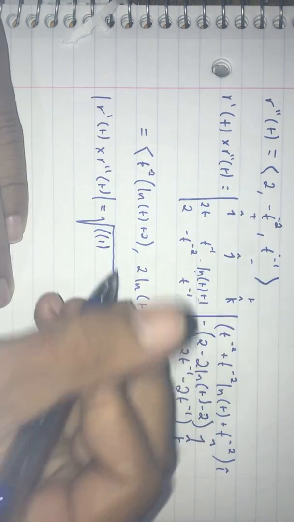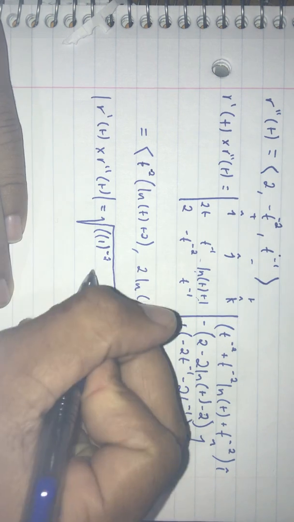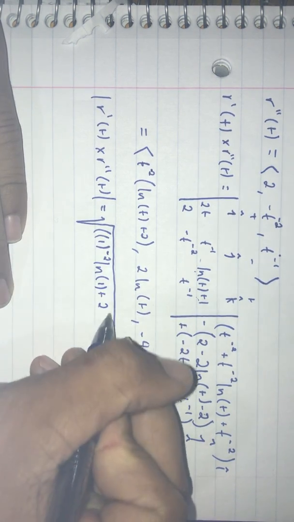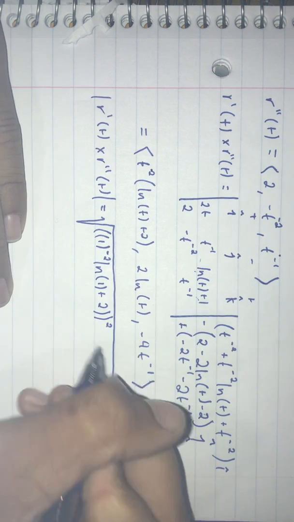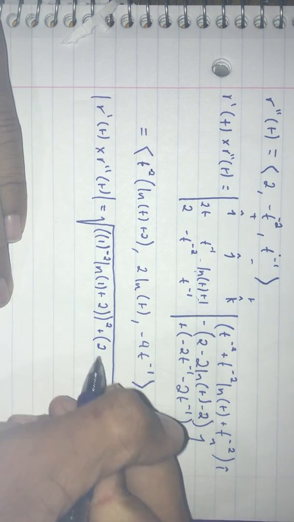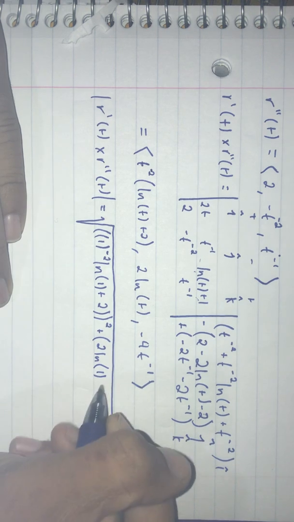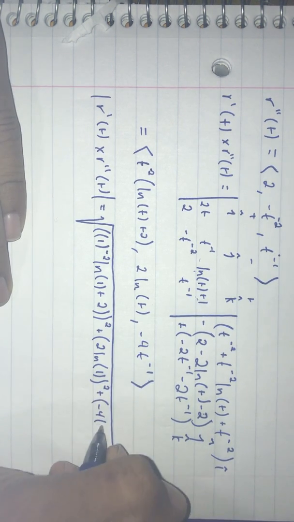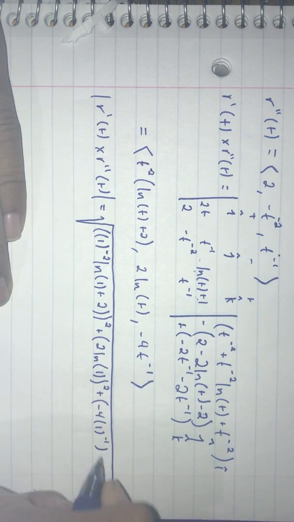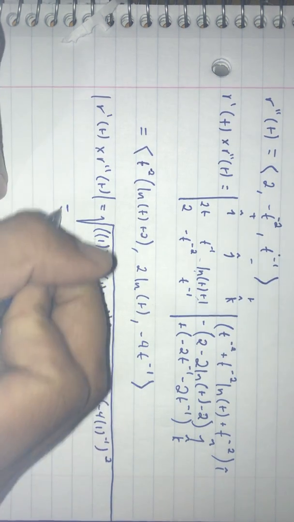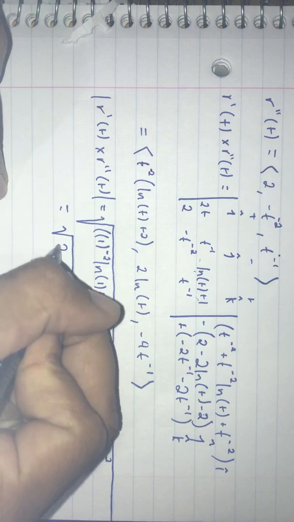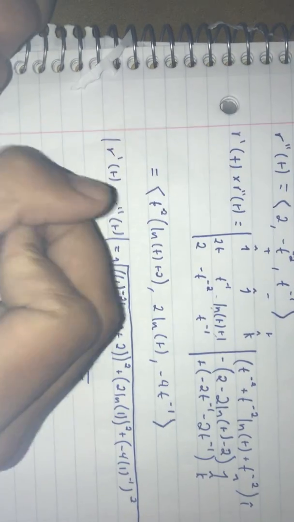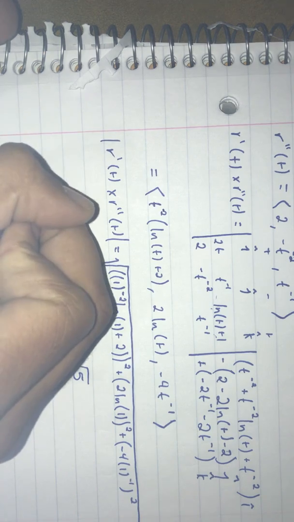Yeah, t to the negative 2 times the ln of 1 plus 2, squared, plus 2 ln of 1 squared, plus negative 4 times 1 to the negative 1, squared. And when you solve that, you get the square root of 20, which is equivalent to 2 square roots of 5. So we have pretty much all the hard parts done.